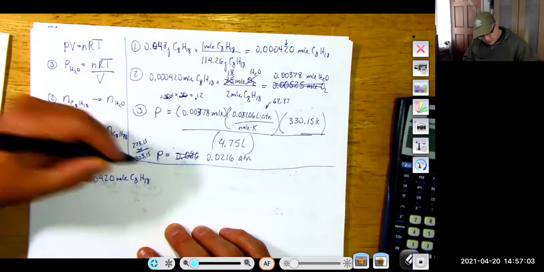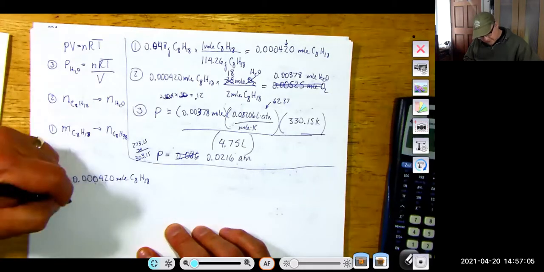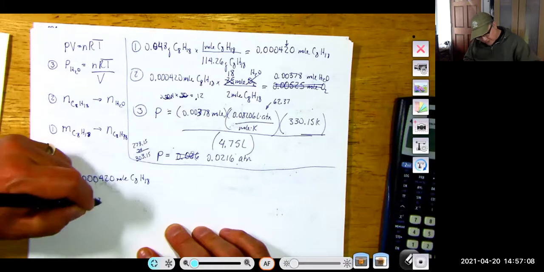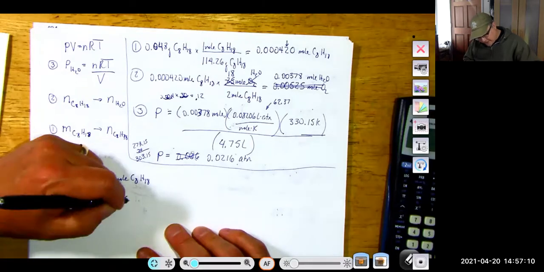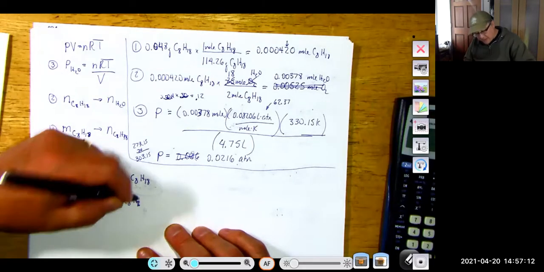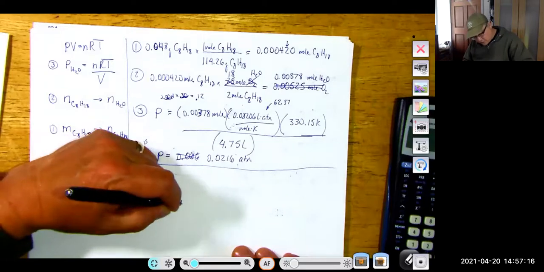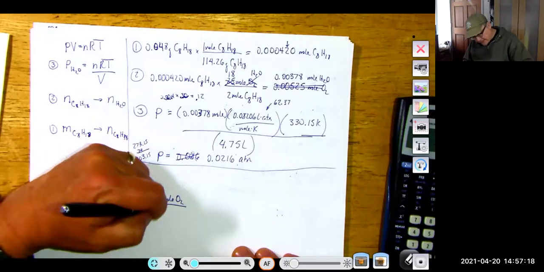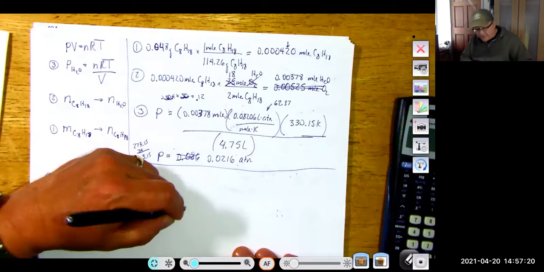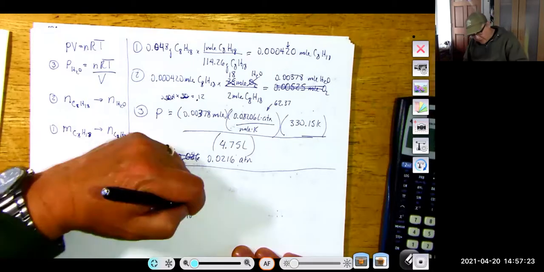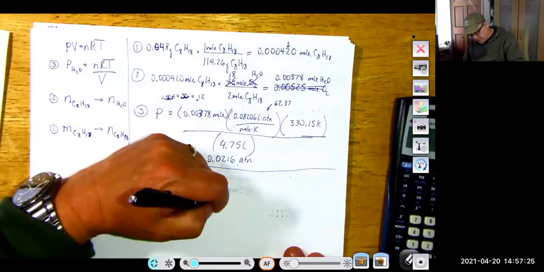Then number 2, we would take our 0.000420 moles of C8H18 and we would go back and multiply by 25 moles of O2 to 2 moles of C8H18, which we mistakenly did up here, and we already know is 0.00525 moles of O2.